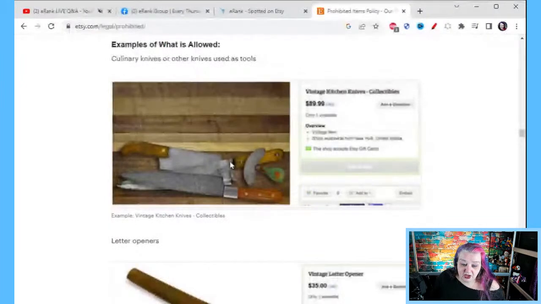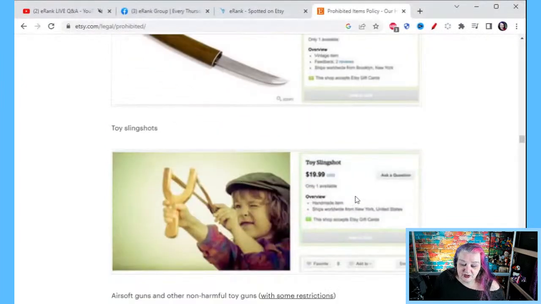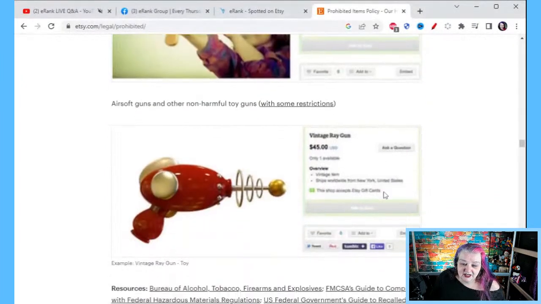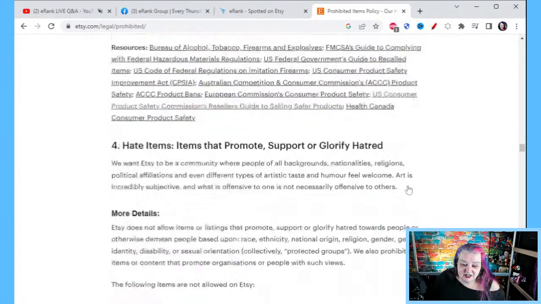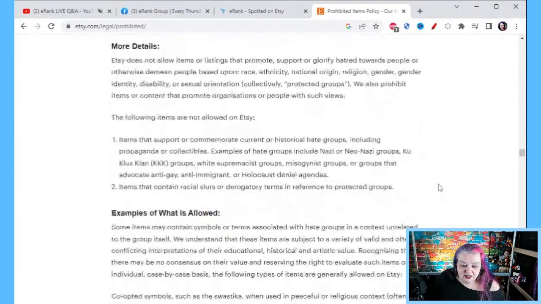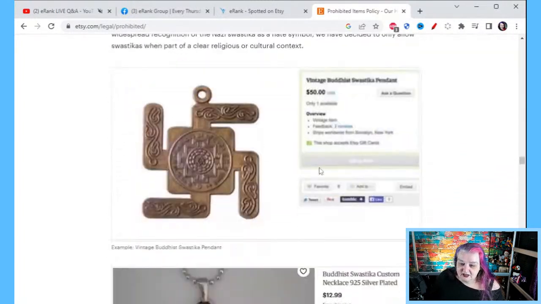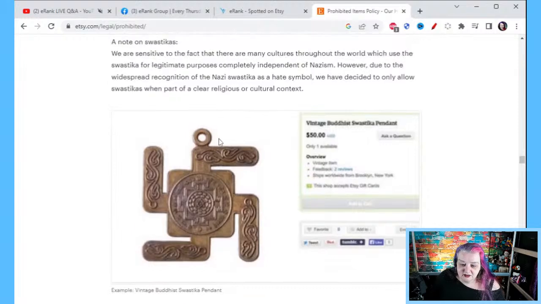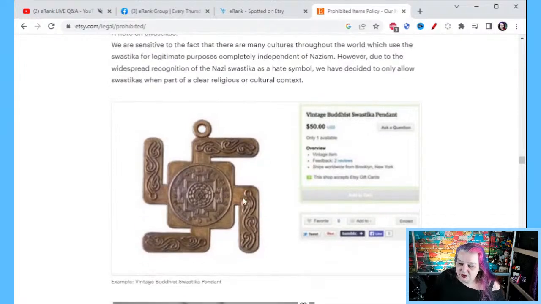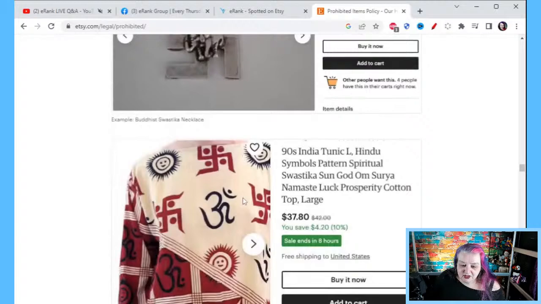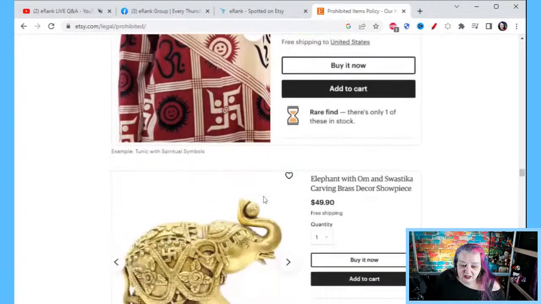You can sell cooking knives and letter openers, but there's limits. Here, you can't use Nazi or KKK things. But Buddhist things, as far as I can tell, everything's okay.